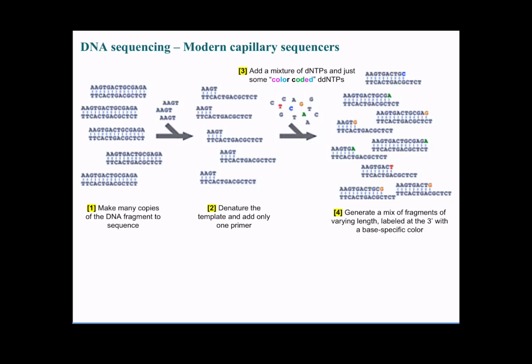So think of it this way. Each of these fragments will go a certain length, and they will end at a letter that is associated with a given color. So some fragments will end at G, and they will have yellow fluorescence at the end. Some fragments will end in T, and they'll have red fluorescence. Some in A, and will have green fluorescence, and so forth. Okay?